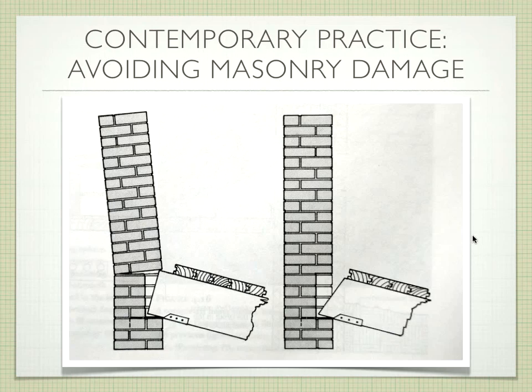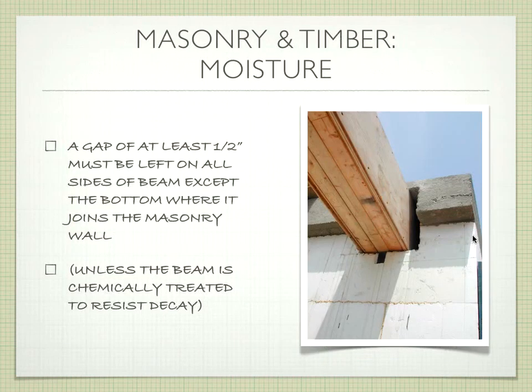So we want this to come out like this, okay, same beam, but this time we've cut the end on a taper, so that when it comes out, the upper end here doesn't lift up and pop the top of the wall off. So we have to think about that.